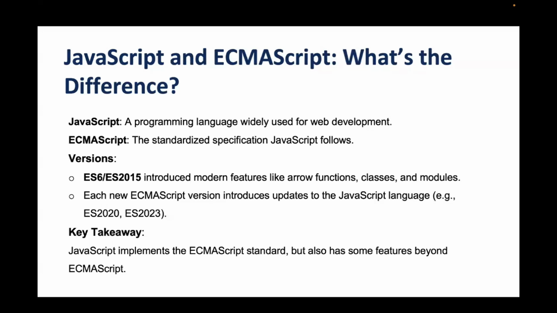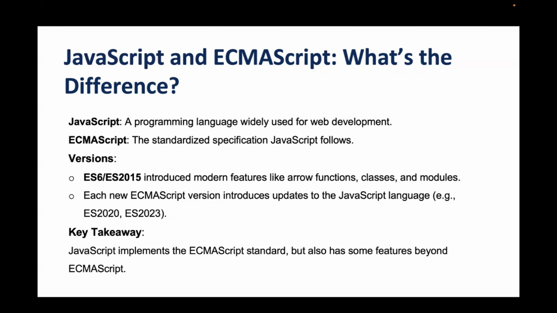Another thing: what is the difference between JavaScript and ECMAScript? I know for some of you, it's not your first time to hear the word ECMAScript or ES. So we have ES5, ES6, ES7, and so on. What is the difference between them? Because ECMAScript is also considered as JavaScript.